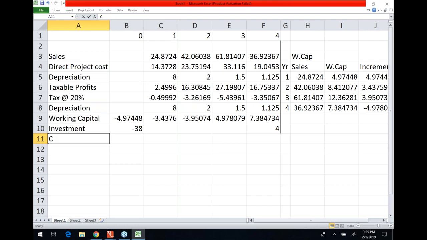Then we have the cash flows. I hope that I'm not missing out anything, and I hope that I'm clear to everybody.